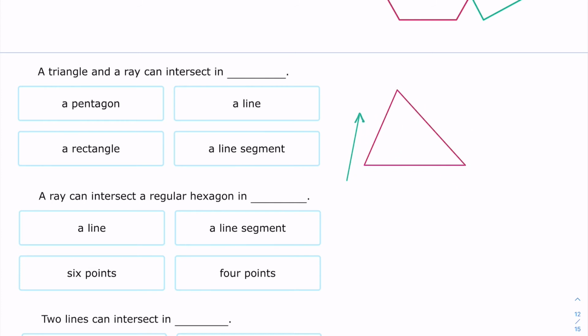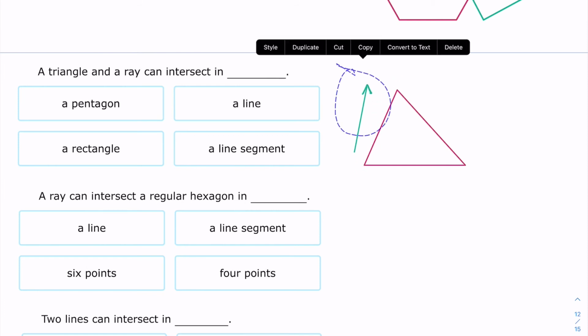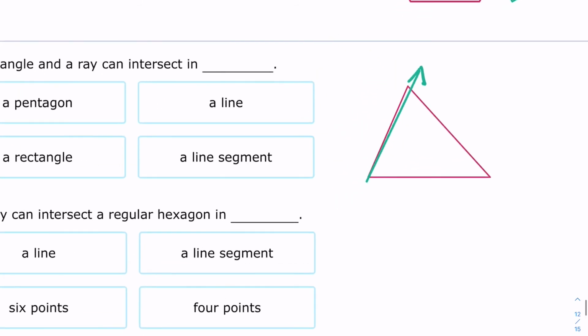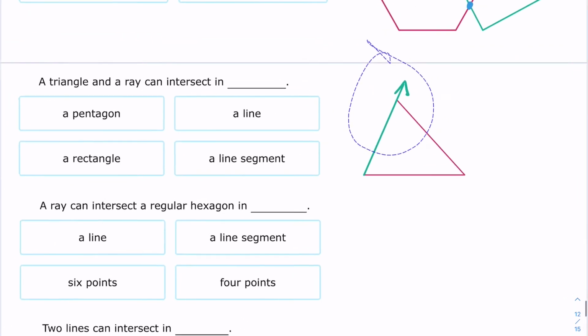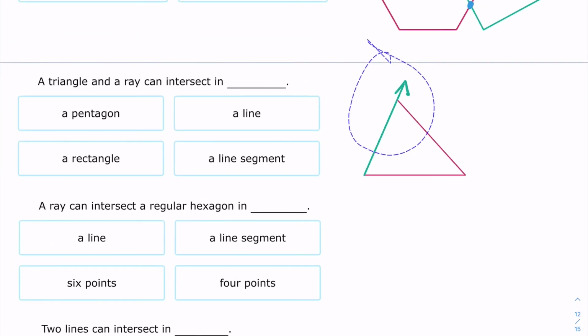A pentagon, no way. A rectangle, no. A line, it can't be a line because a ray doesn't go on forever. But you know what? It can intersect at a line segment. Check that out. That whole thing right there is a line segment on this ray. So that is my answer, a line segment.